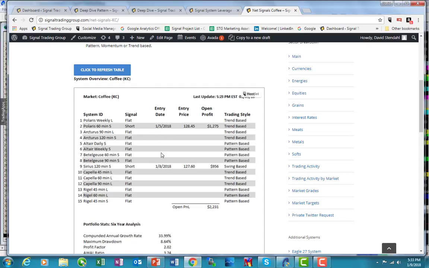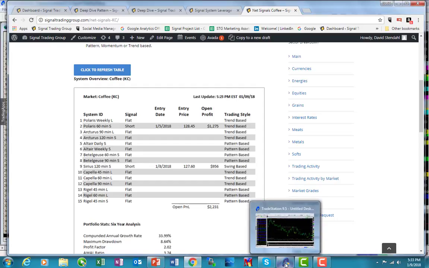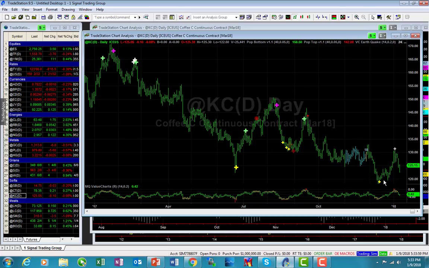So we've been short since the 5th, and we've been short since the 8th of January here. So we have a little bit of a profit going on here. And those indicators that I've been referring to actually did a pretty darn good job in pinpointing the fact that the market was going to do a bit of an about face.